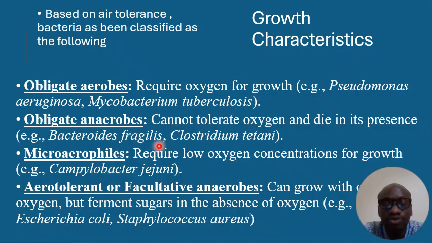Obligate anaerobes cannot tolerate oxygen and they die in its presence. Example, we have Clostridium tetani, which is an obligate anaerobe, and Bacteroides fragilis. So we have the aerotolerant or facultative anaerobe, which can grow, ferment sugar in the absence of oxygen, such as E. coli. It can grow with or without oxygen.